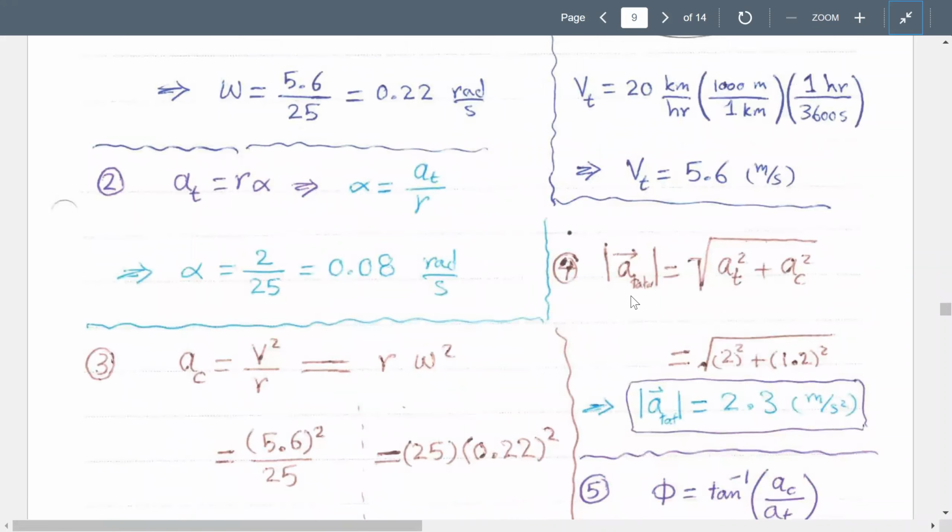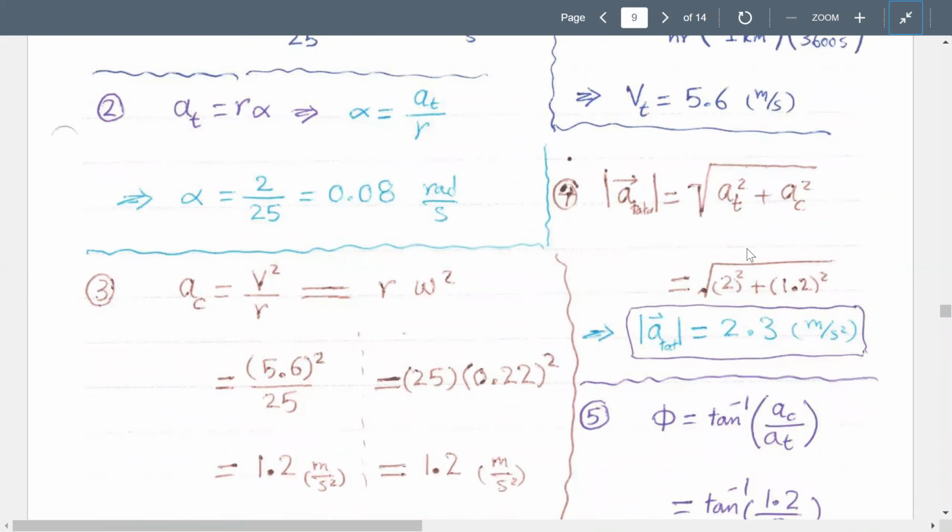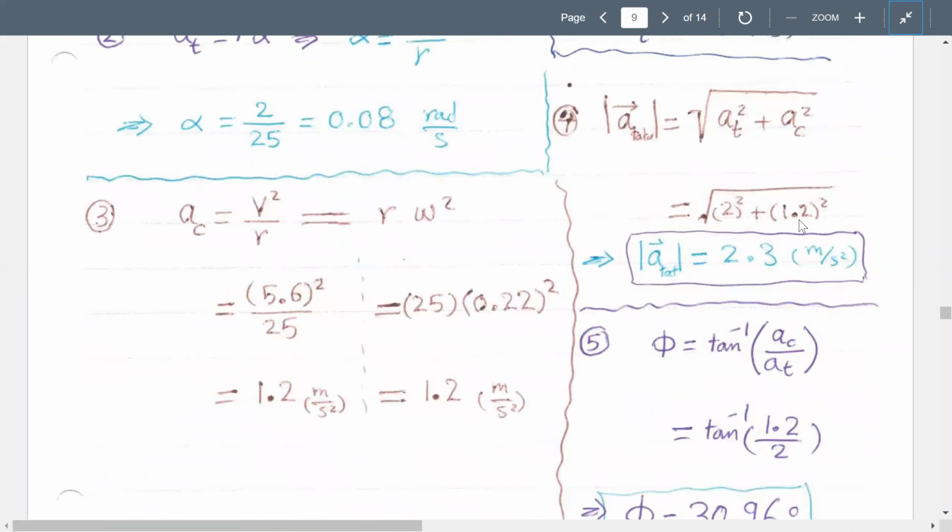The total acceleration is equal to the first one squared plus the second one squared, under the square root. The tangential acceleration is 2 squared. The centripetal acceleration is 1.2, we just found it. 1.2 squared. So the resultant acceleration is 2.3 meters per second squared.